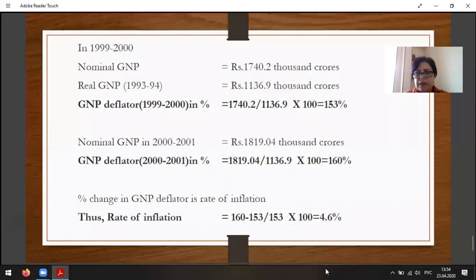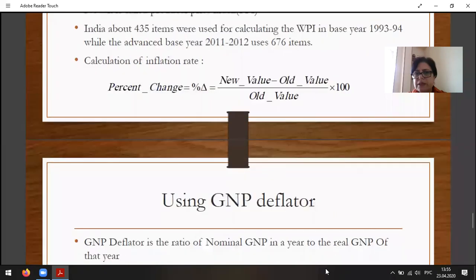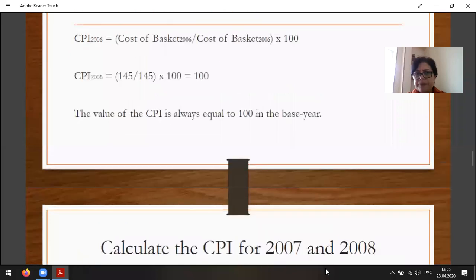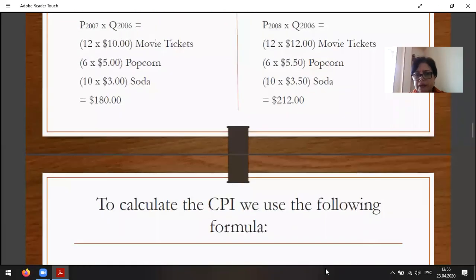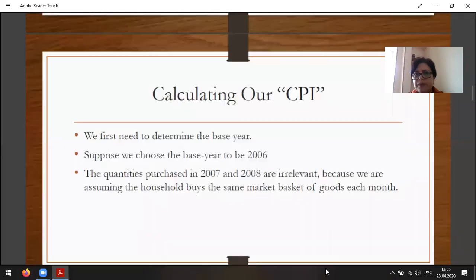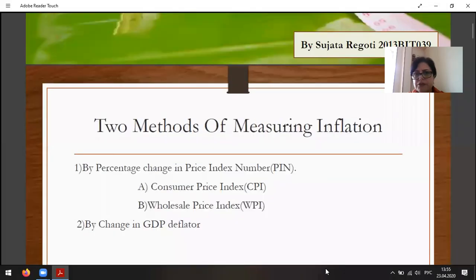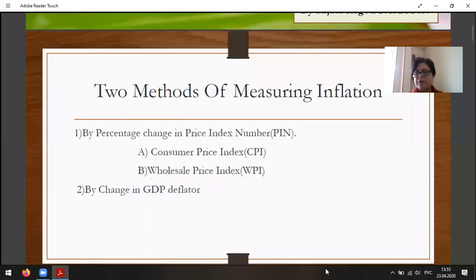So actually that's everything concerning the methods of calculating the inflation rates by using different price indexes. I would like to remind you, we started with calculating the consumer price index, because we can do this in two different methods to measure inflation.